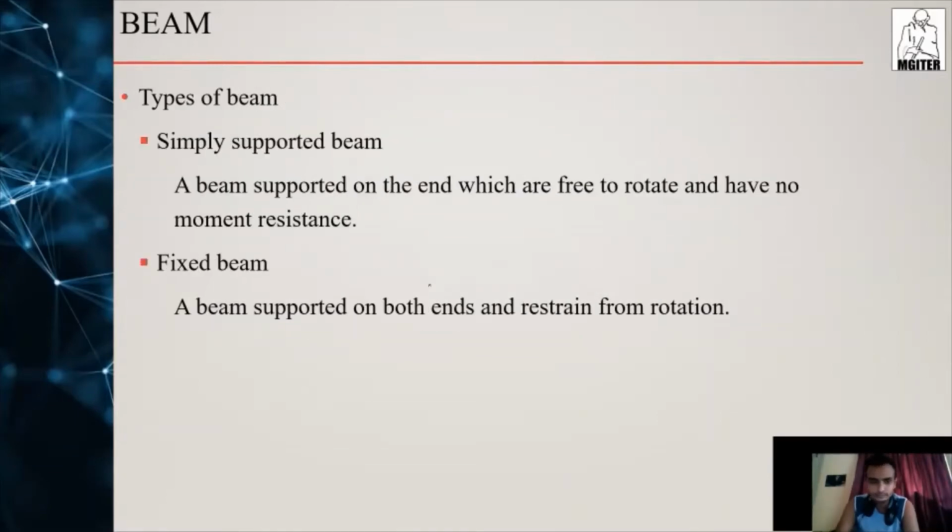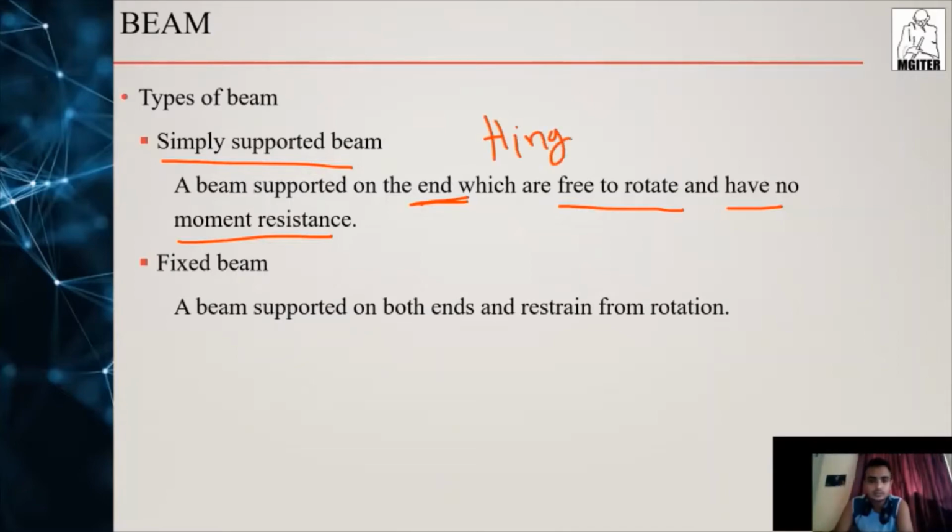Understood? There are some more types of beam. First is the simply supported beam. In a simply supported beam, the ends are free to rotate and have no moment resistance, with a hinge support or roller support.